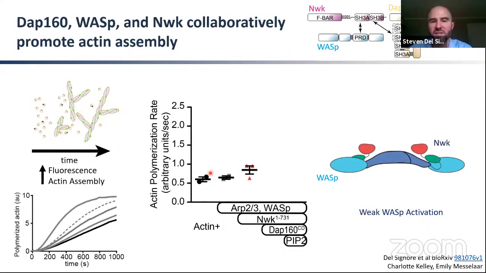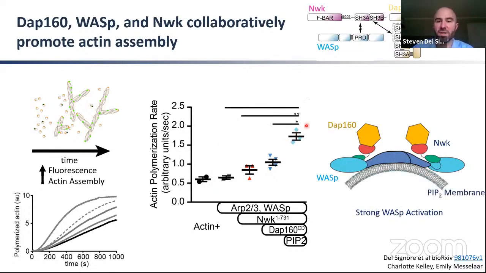Adding nervous rec to this mixture has only a very incremental effect, as does adding DAP160. But then combining all of the proteins together with lipids, so with synthetic membranes, we get finally this robust activation. The take-home message from this is that robust actin assembly requires the collective binding of all three of the proteins and the membranes.